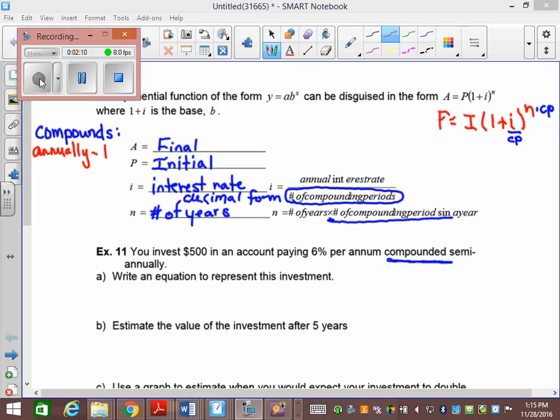Now, what the heck does compounding even mean? If you have a loan that compounds, let's say not a loan, let's say an investment, because it sounds better when you're making money. So if you have an investment and you put in, say, $1,000, and say it compounds monthly, at the end of the month, you're going to make interest on that $1,000, right? And if it compounds monthly, what it does is it takes the interest you made off that $1,000, it puts it in, and now the next month you're making interest off your $1,000 plus the interest you earned on that last month.